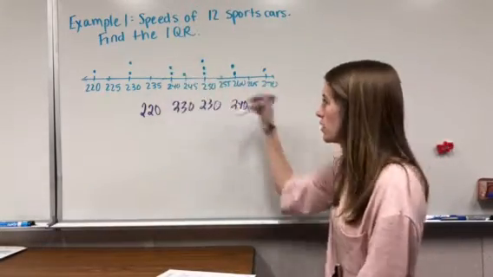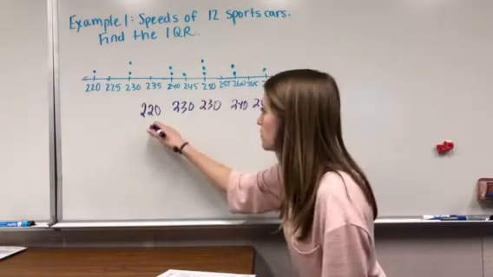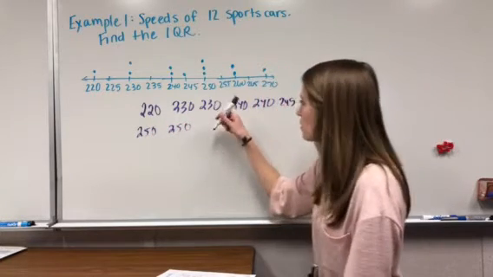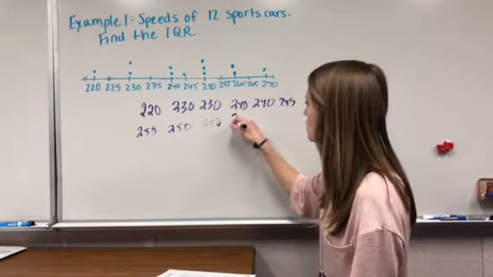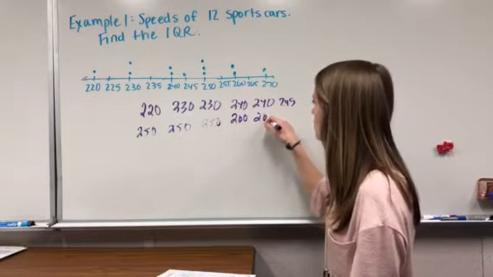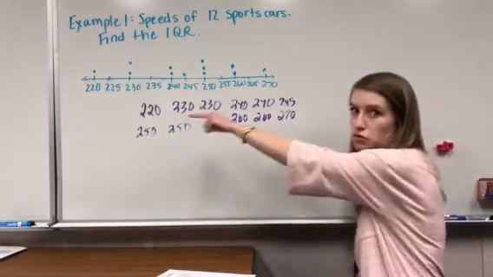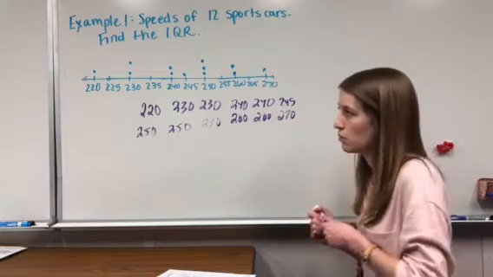Two values at 240, one at 245, three at 250, two at 260, and one at 270. You all should try to write this in a fully straight line. I just ran out of space here. It makes it a lot easier to see the middle point.